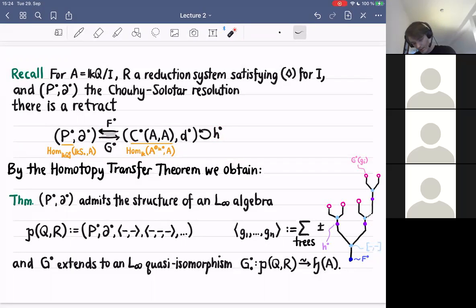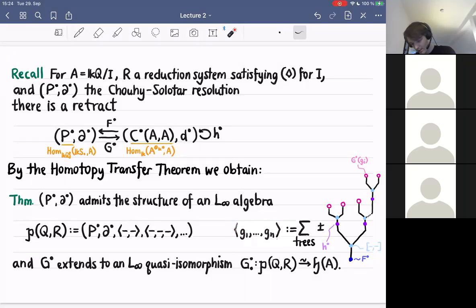And so if you have n elements G1 up to Gn, then you can define their bracket as a sum over trees.